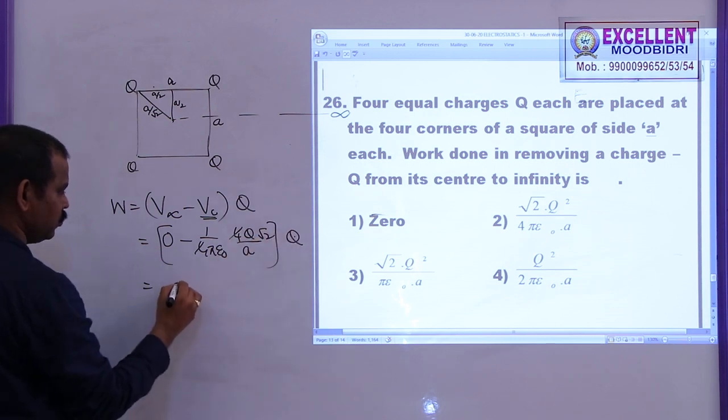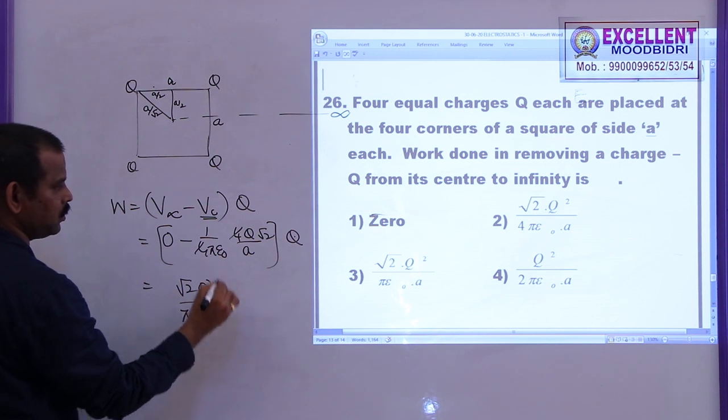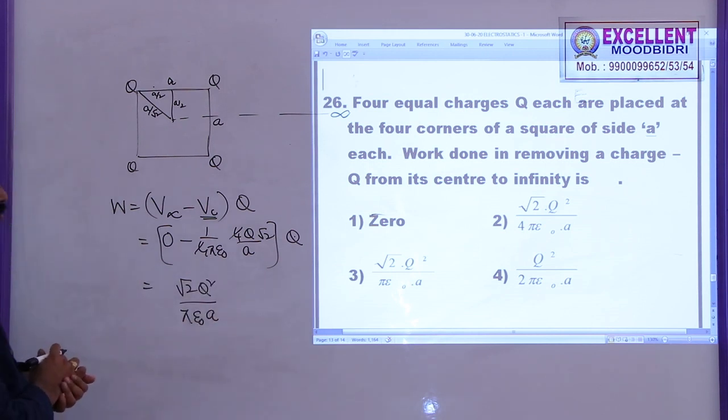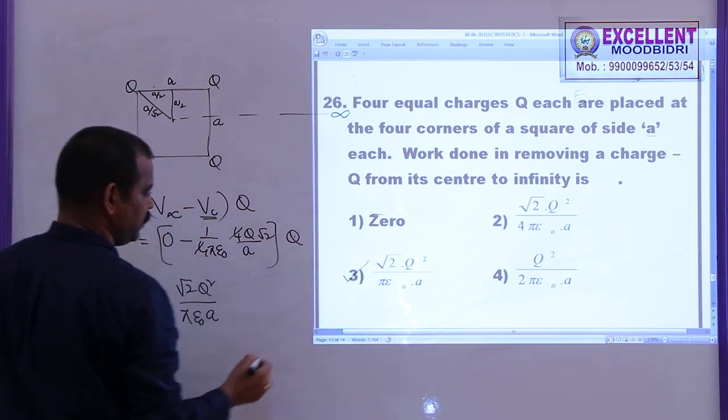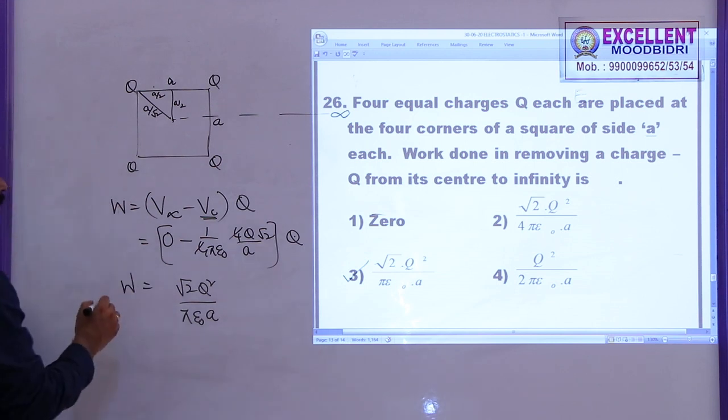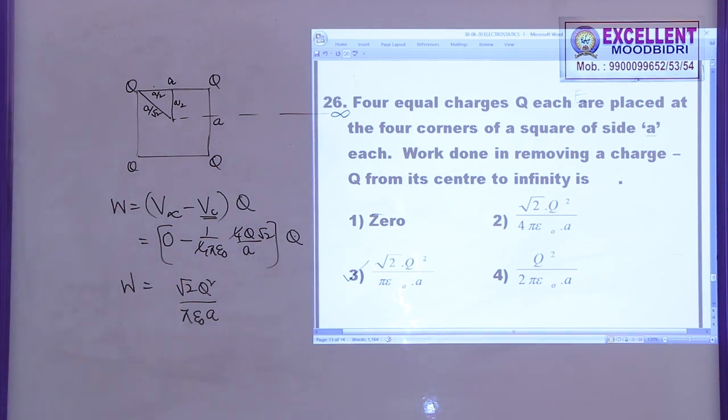Q into Q, that is root 2 Q square by pi epsilon naught A is the work done. So option 3 is correct. 27.